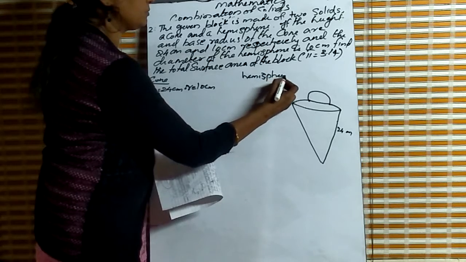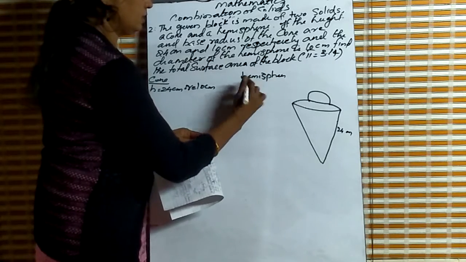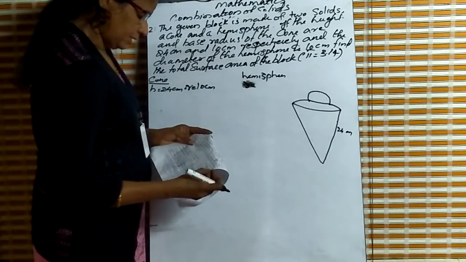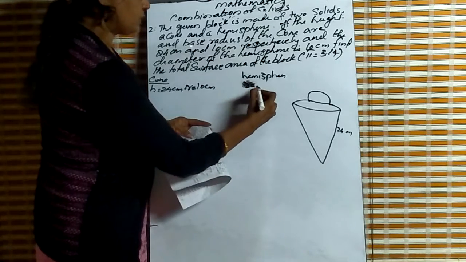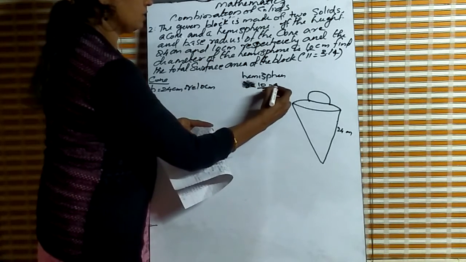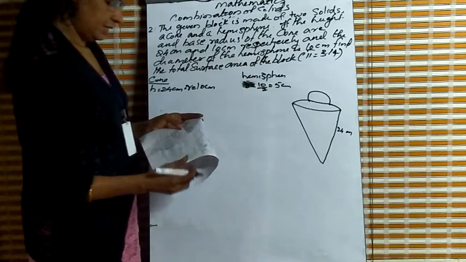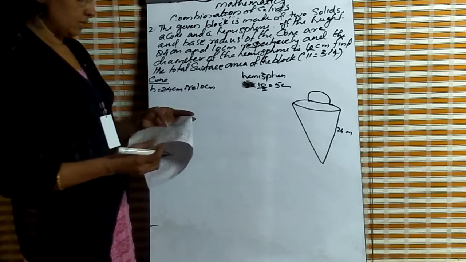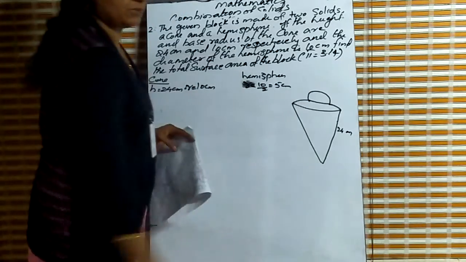Diameter of the hemisphere is 10, so radius is diameter by 2 equals 10 by 2 equals 5 centimeter. Find the total surface area of the block is the question.